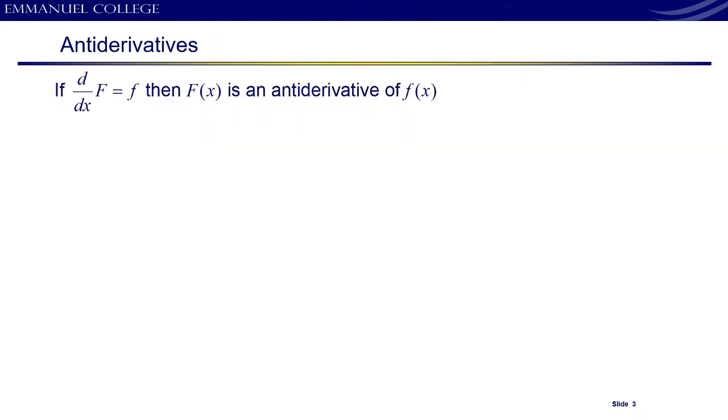So typically what we say is if I take the derivative of a function and I get the lowercase function, then we say that capital F of x is the antiderivative of lowercase f of x. It just makes it easier to think about, because you're going backwards. When you think about derivatives, like with power rules, you reduce it.